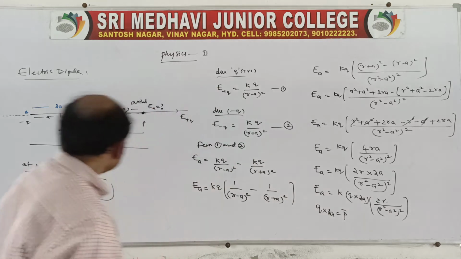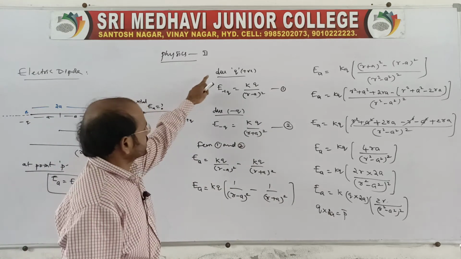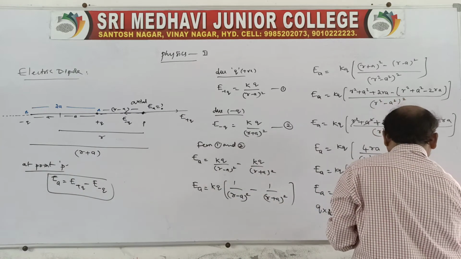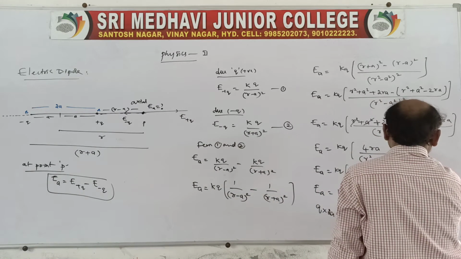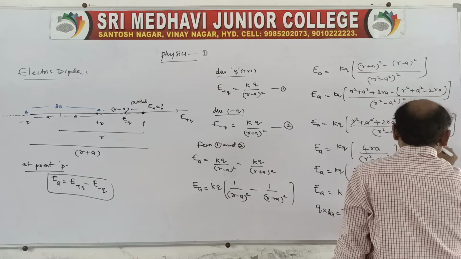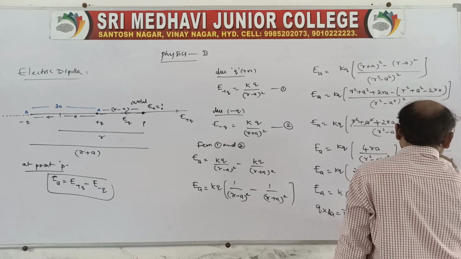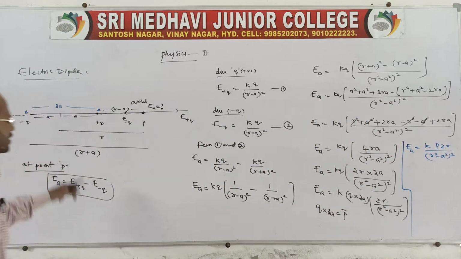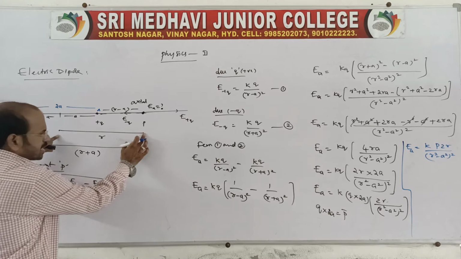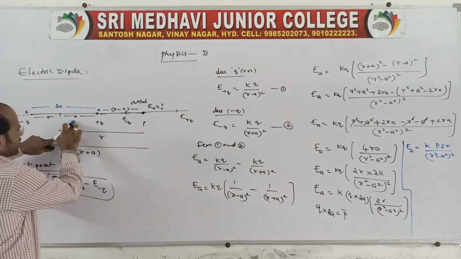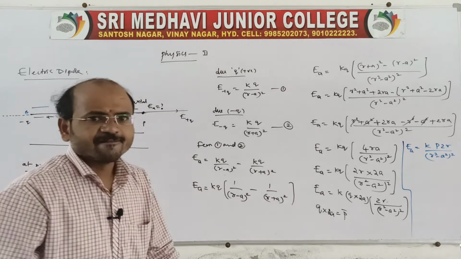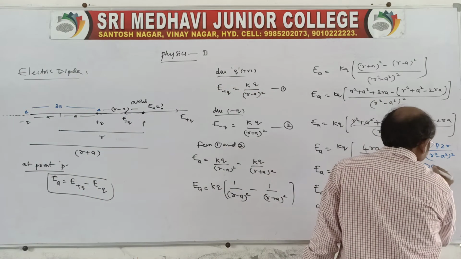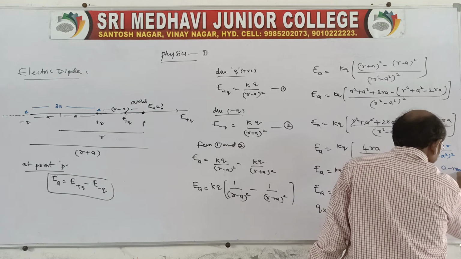Better to write it like this: on the axial line it will be k into p into 2r by (r square minus a square) whole square. Now look here at this distance: r is very much greater than a, so a can be neglected in the denominator.